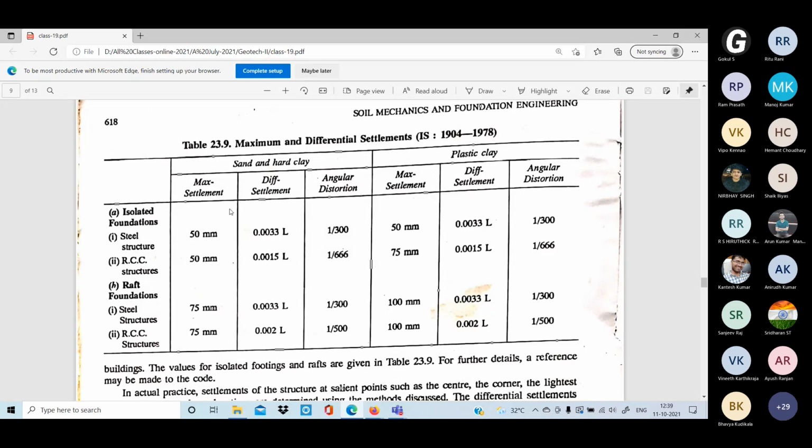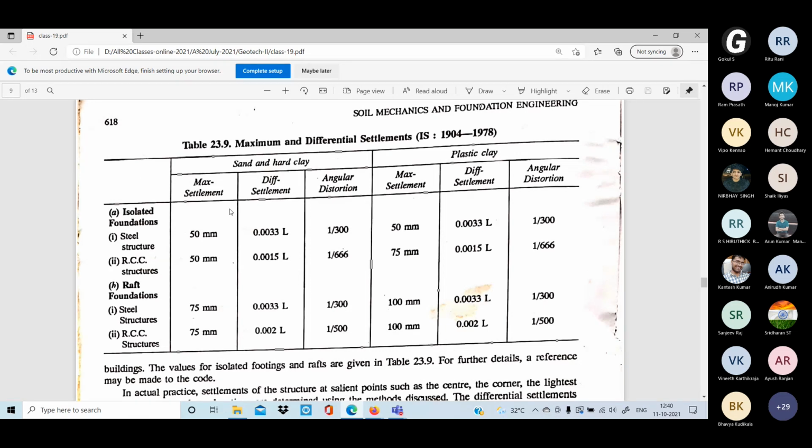For isolated footing, the maximum is 50 mm and the differential is 50% of that, 25, or it can be written as 0.0033 L. IS code has given this for steel and RCC structures. For the raft foundation, it is 75 mm, and angular distortion is also given. For sandy and hard clay and for plastic clay, both are given here: 100 mm, 100 mm. This is 50 and 75.